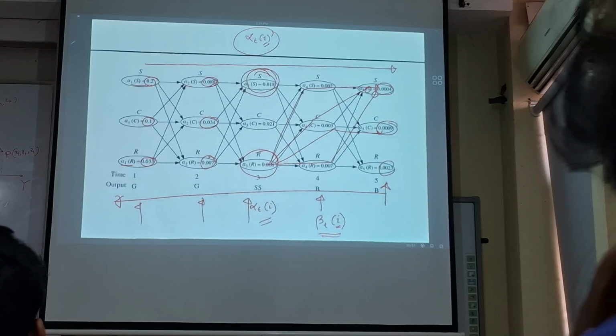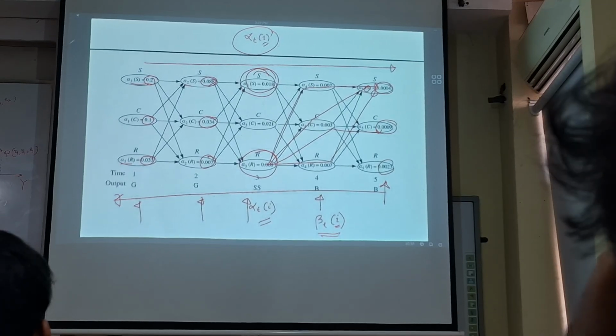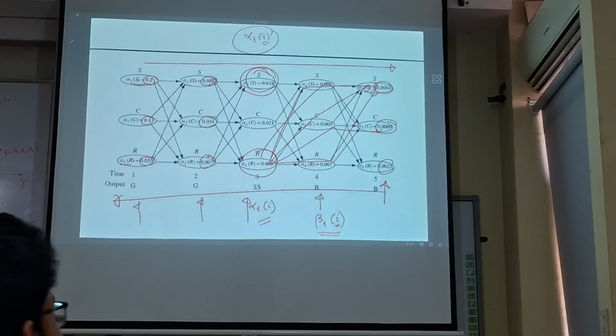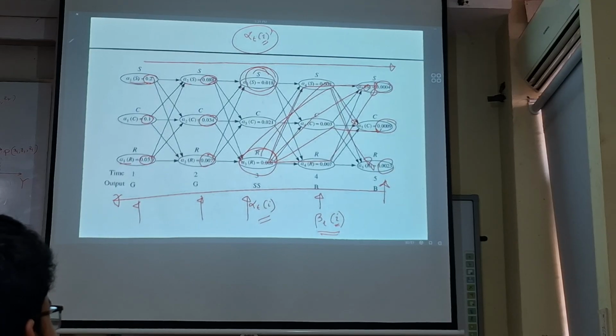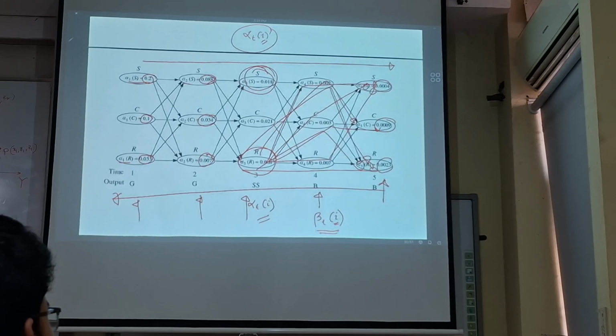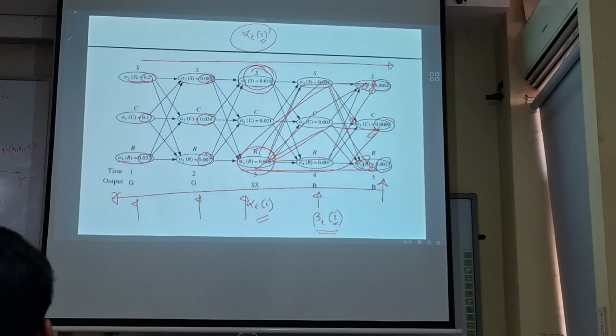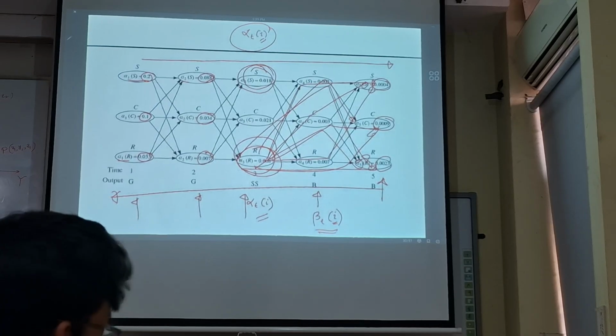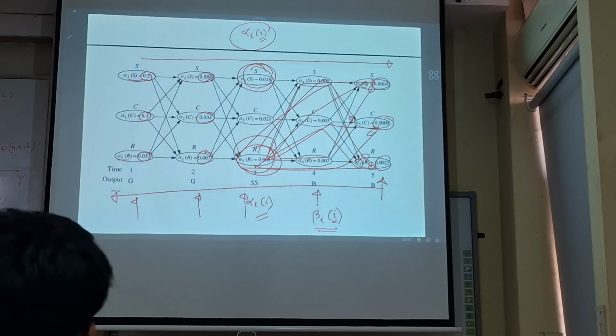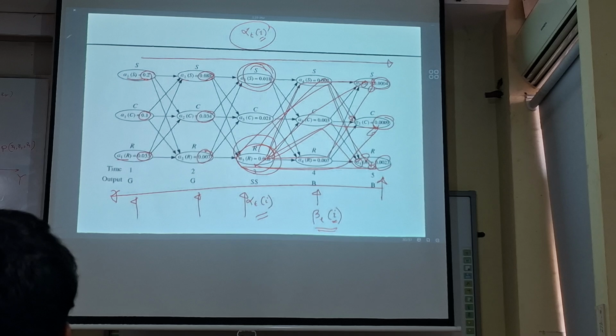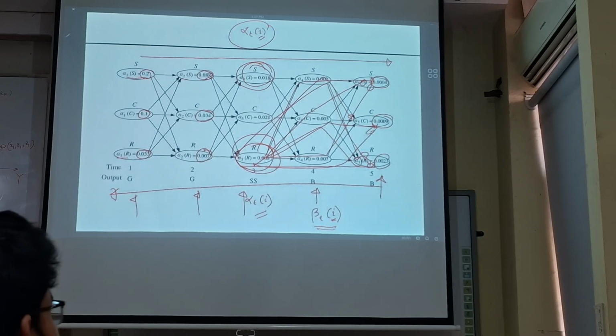All paths. And you have to consider this one, this one, this one. So all the paths that started from the state i. And once you have this one, then actually we are done.